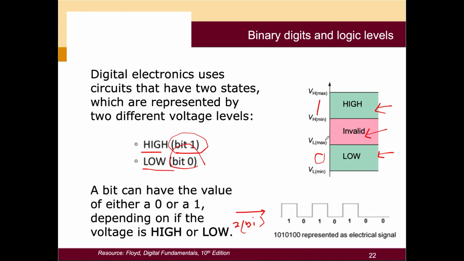So over here you can see that a bit can have only a value of whether it is 0 or a 1. So you only have the possibility of 2, high or low, 0 or 1, and on or off.